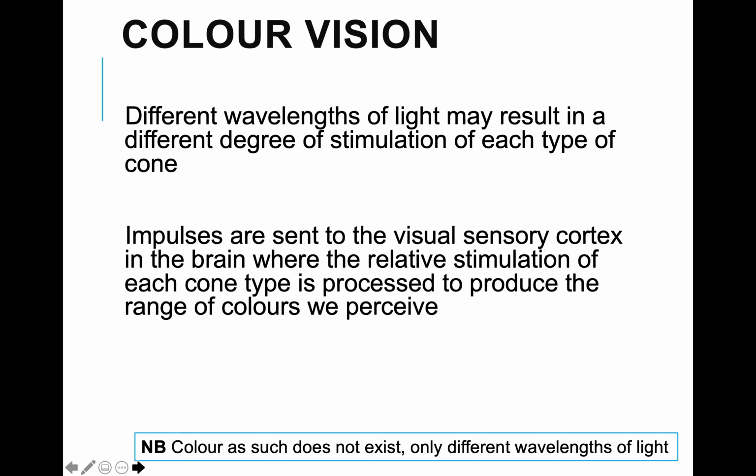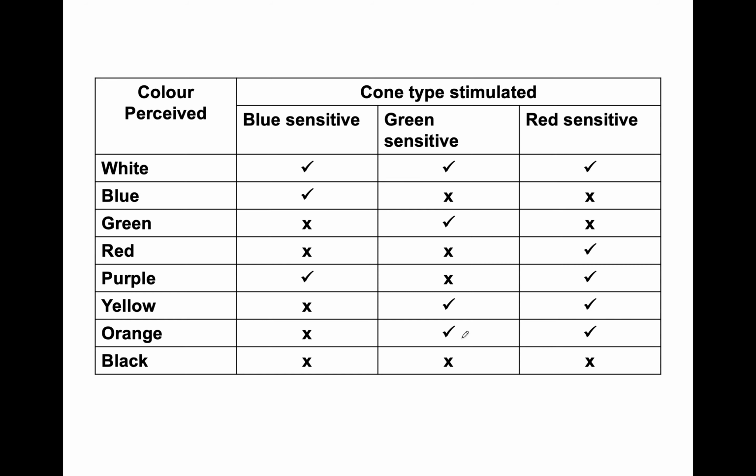We've got this little nota bene down the bottom here. Colour itself does not exist, just different wavelengths of light, and those wavelengths of light will be perceived at the visual association areas.